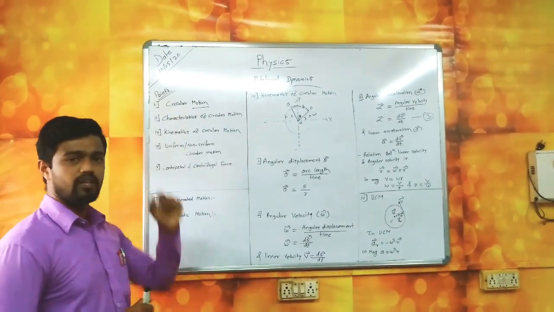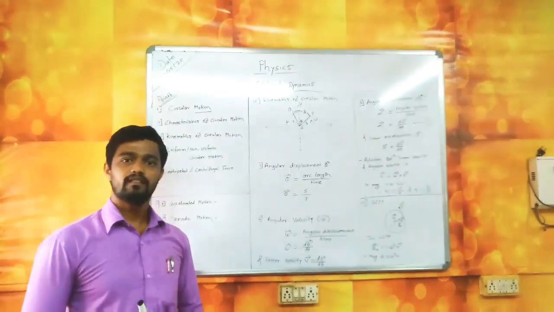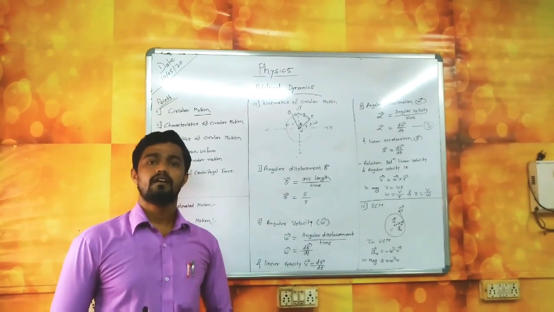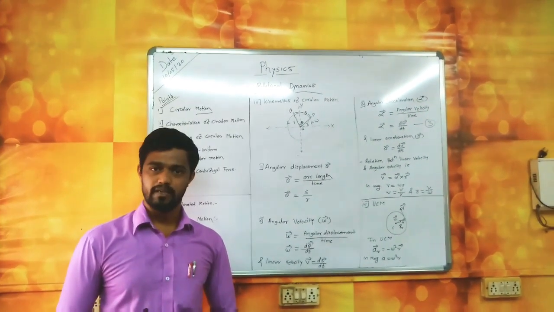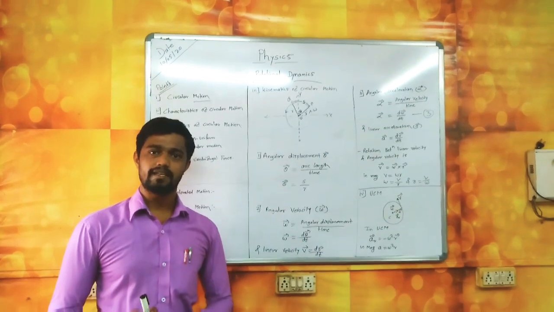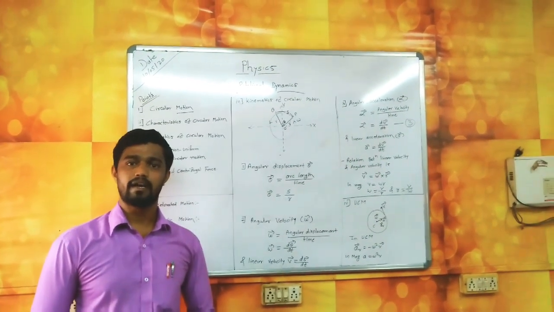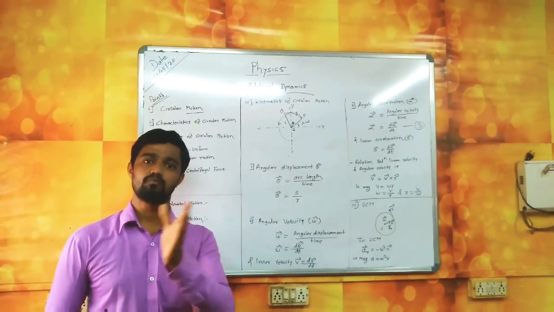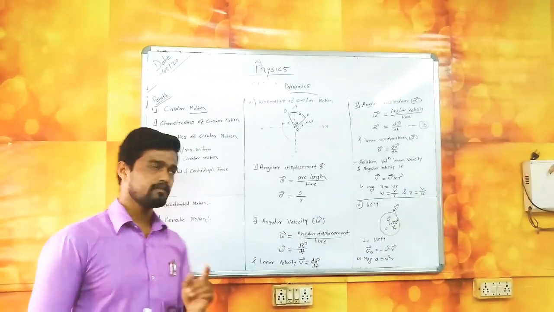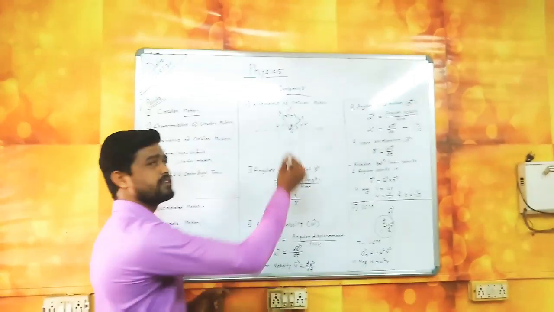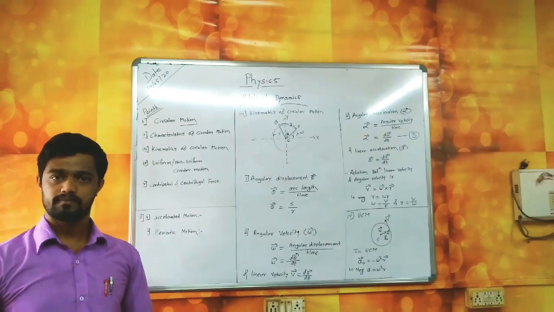So first is circular motion. When a particle revolves in a circular orbit, or is moving in a circular orbit, then it is called circular motion.